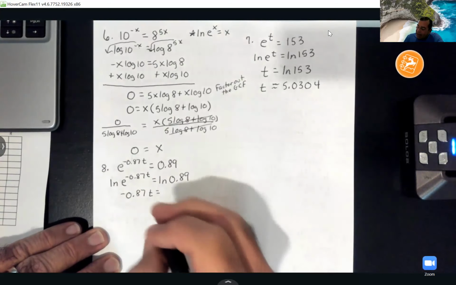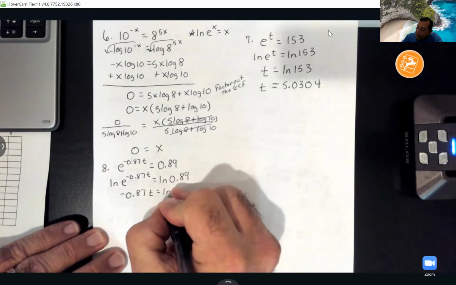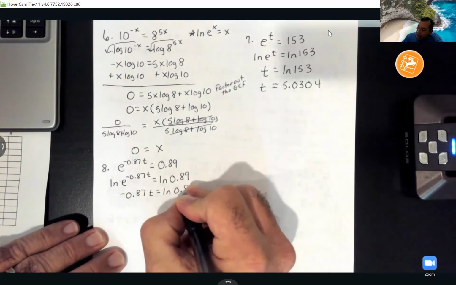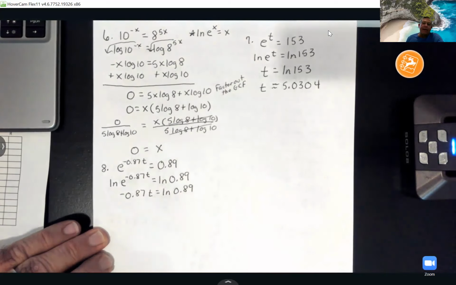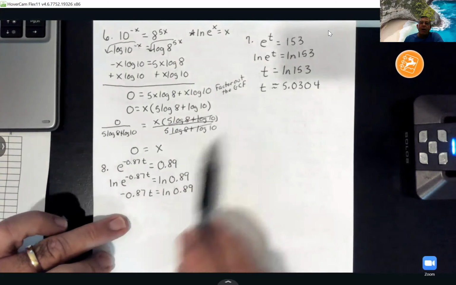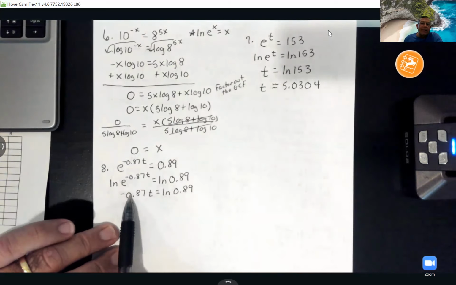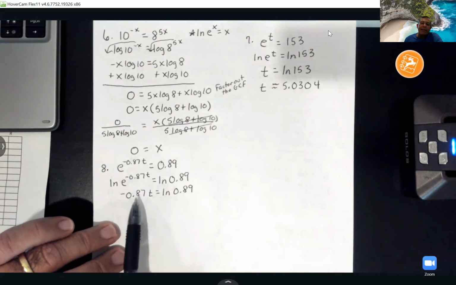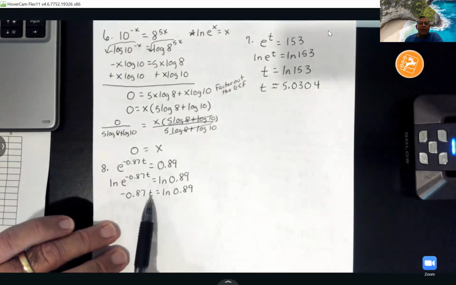Now the right side, I can't do nothing at the moment, so that's going to stay ln 0.89. Now, y'all, the difference on this problem and this one, I still got to deal with this negative 0.87 being multiplied by my t.